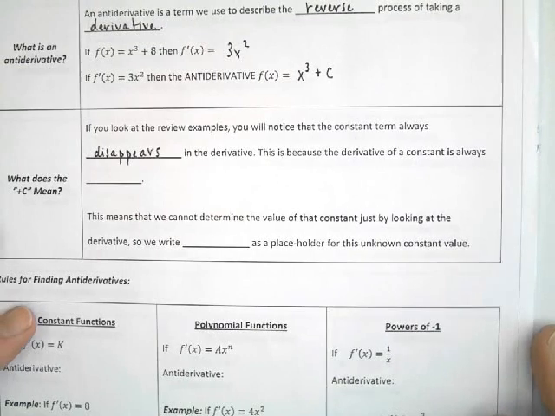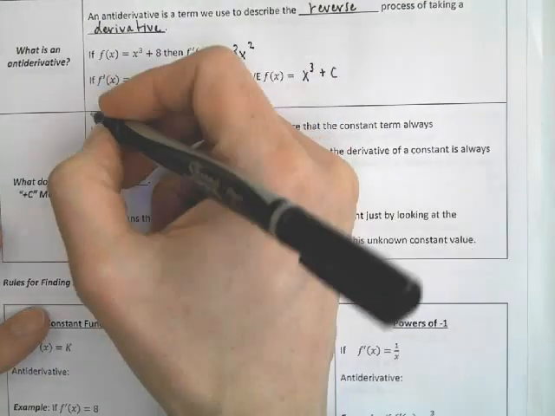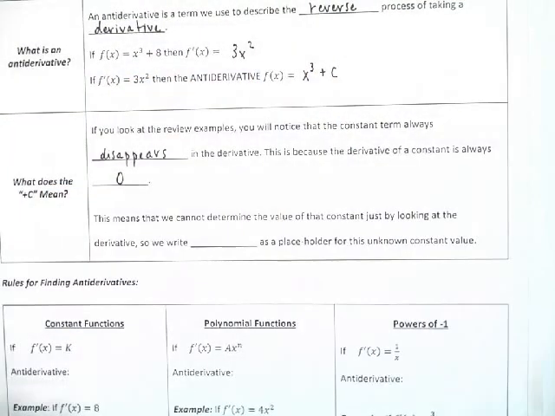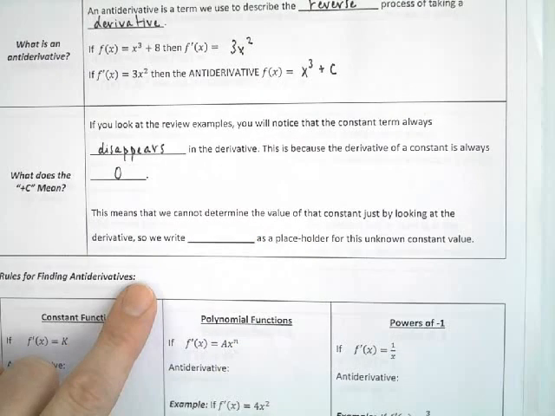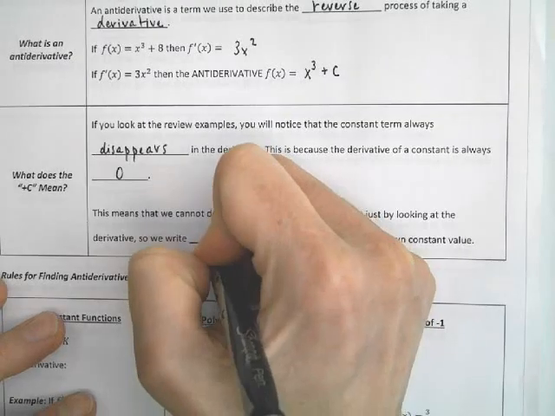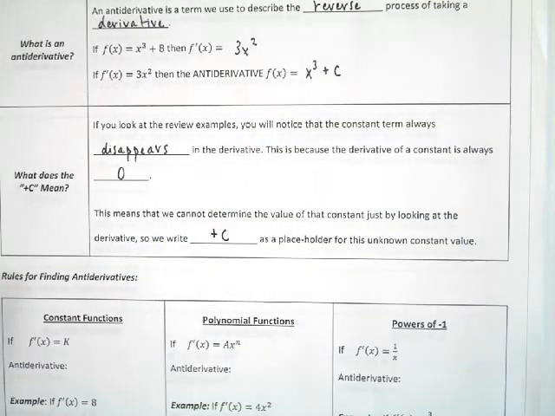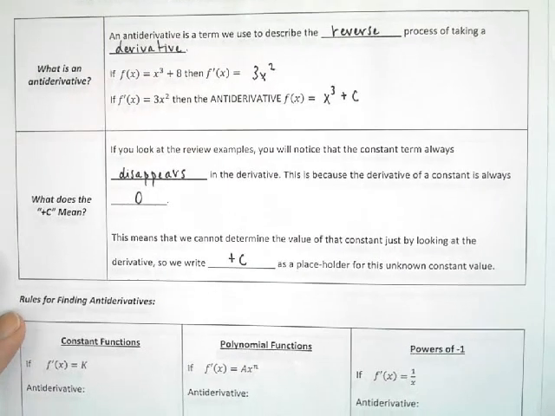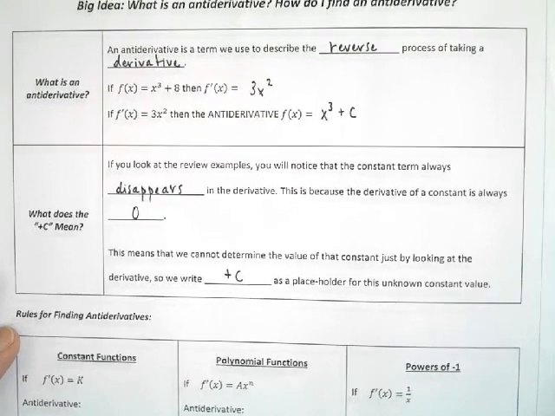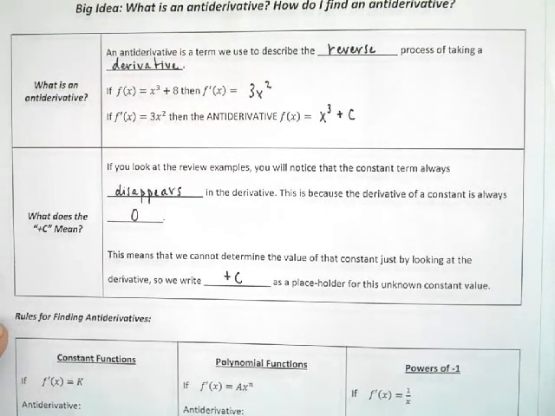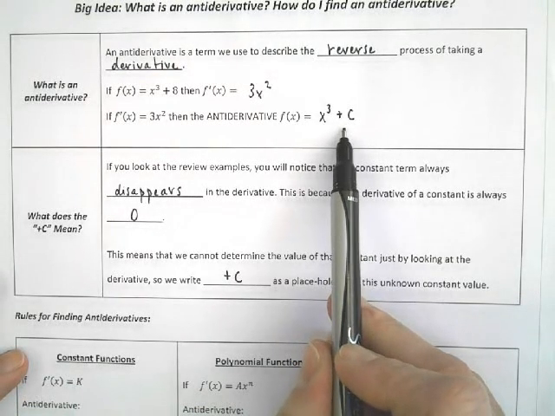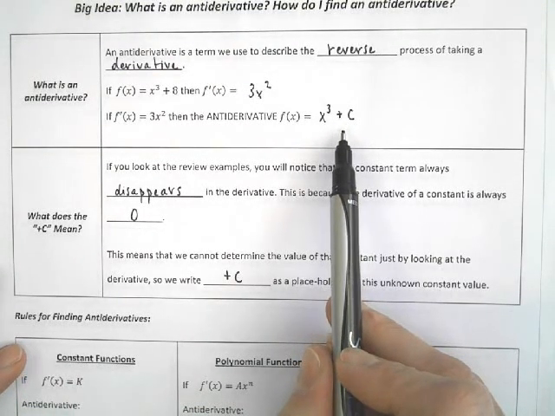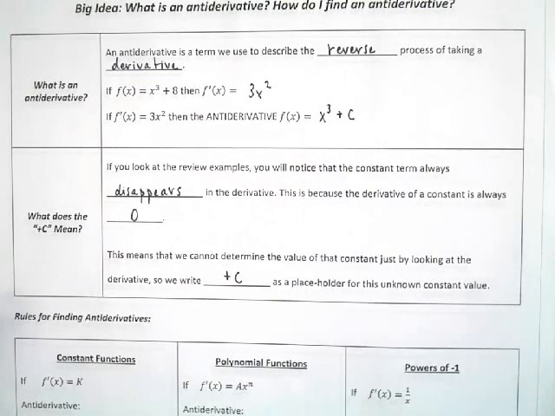This is because the derivative of a constant is always 0. So this means we can't determine the value of the constant just by looking at the derivative. So we write plus c as a placeholder for this unknown constant value. In other words, I can only get so close to figuring out what that original function was, but I can't be sure what this constant value was, if any. So we put that in as a placeholder.